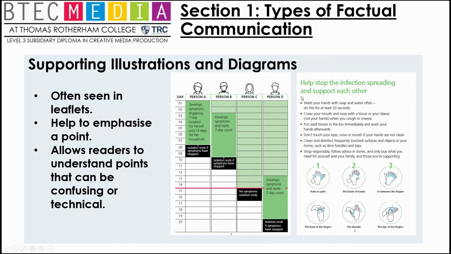It's got a how-to guide about how to wash your hands, but it also has these nice little supporting diagrams to help you understand how to wash your hands properly, which you all should know anyway, to be honest. That's pretty straightforward, isn't it? I don't need to spend too much time on that. So supporting illustrations and diagrams help to emphasize a point. They help back up what you're trying to say, essentially.